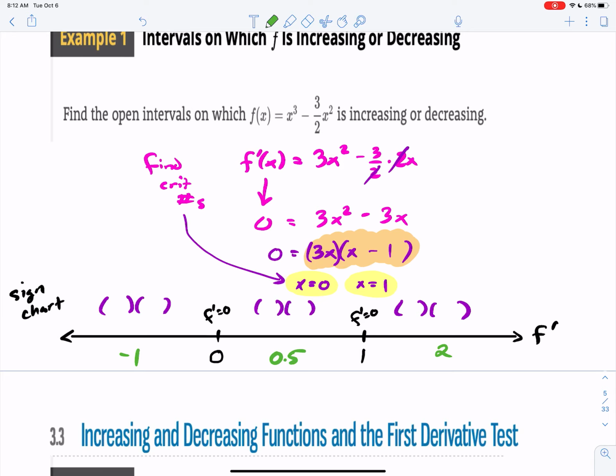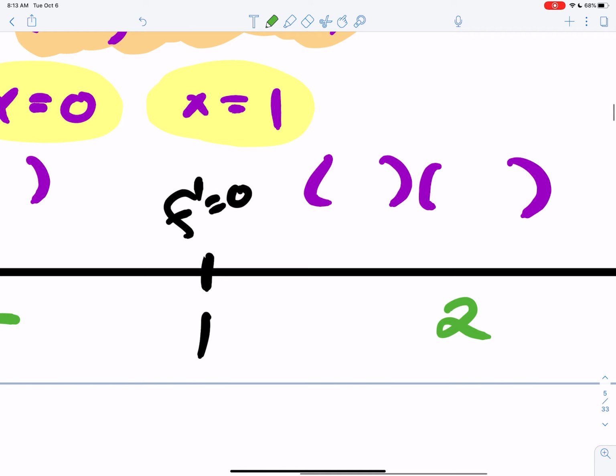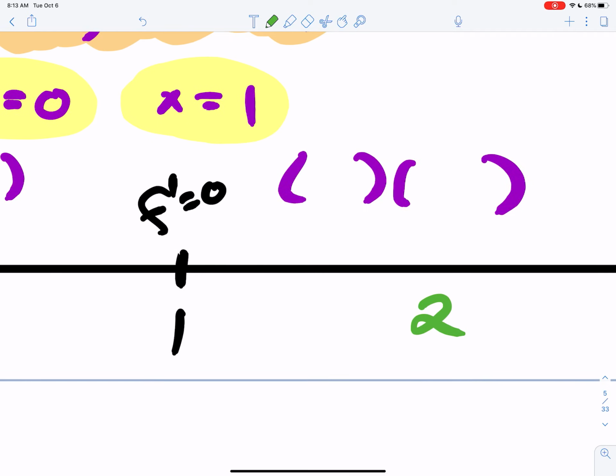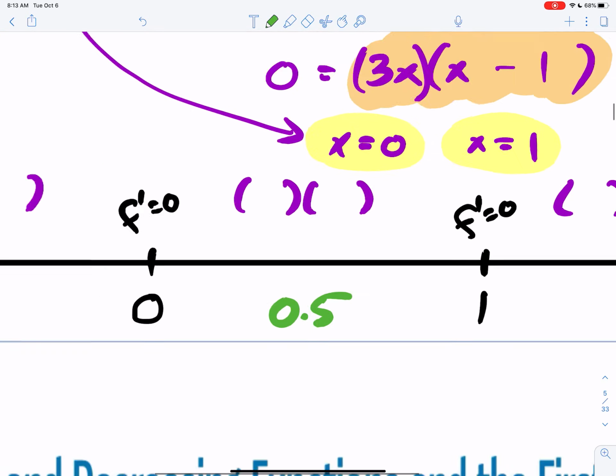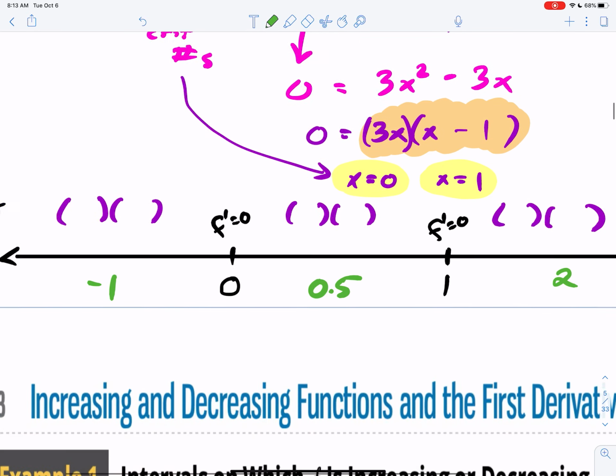Now, notice the test values do not have a tick mark, okay? Only critical numbers will have a tick mark because I don't want to confuse it for a test value, all right? So if you can color coordinate, this will be really helpful. If you're only using a pencil or a pen, then definitely don't draw tick marks at your test values, okay?